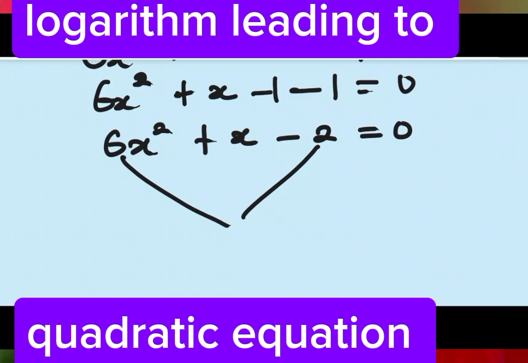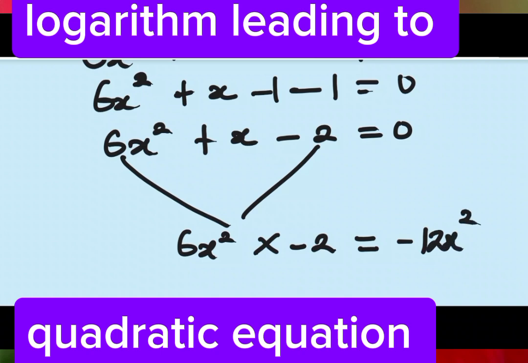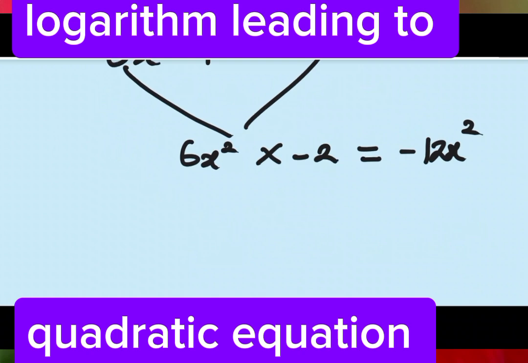So multiply the first term by the third term, that is 6x squared times minus 2, which gives us minus 12x squared. This always goes with the sign. Don't ignore the sign, whether plus or minus.